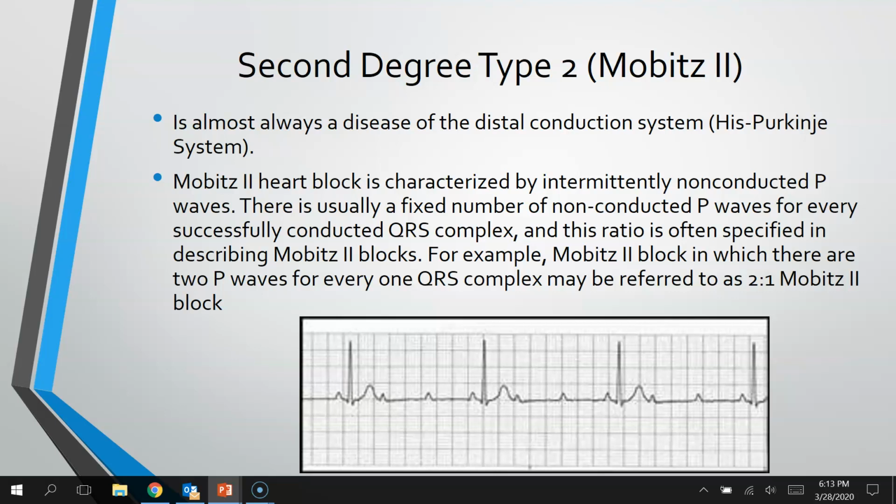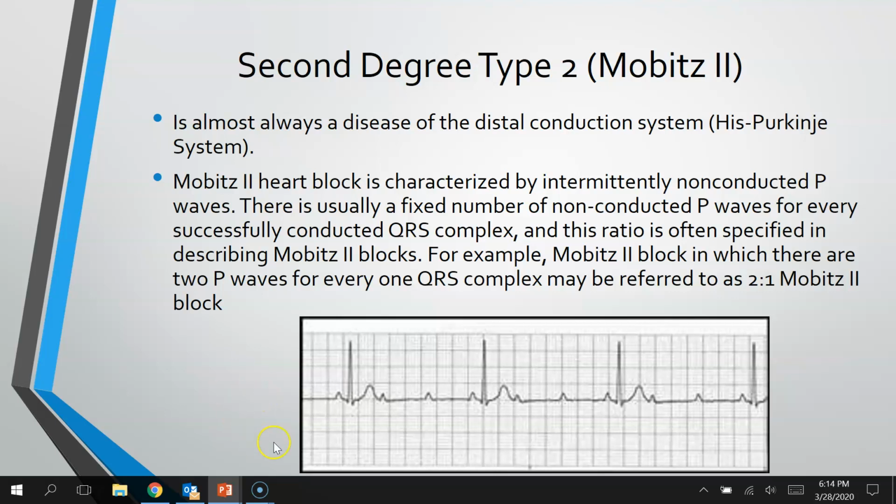And what we're going to see is there's usually a fixed number of non-conducted P waves for every successfully conducted QRS. So there's usually a ratio describing the Mobitz 2 blocks. Let's say there's 2 P waves for every 1 QRS complex. We're going to call that a 2-to-1 Mobitz 2 block.